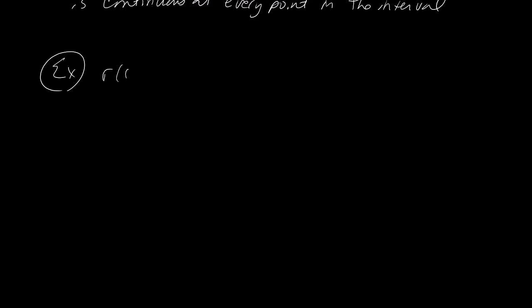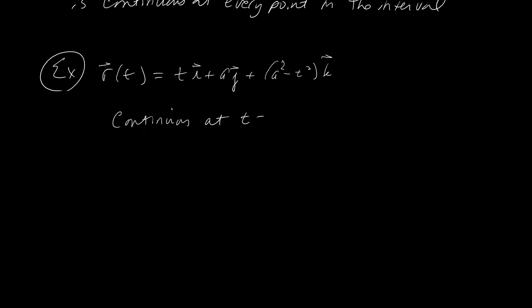Let's consider r of t equal to t in the i direction plus a in the j direction plus a squared minus t squared in the k direction. Is this continuous at 0? So is it continuous at t equals 0? Well, we just take that limit.